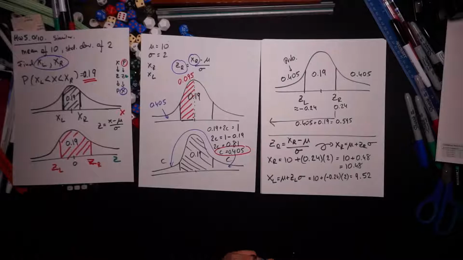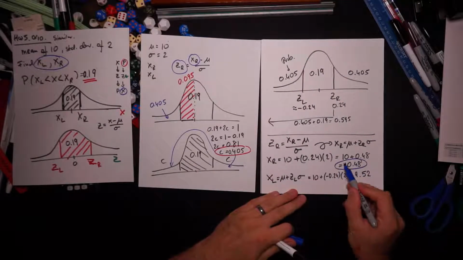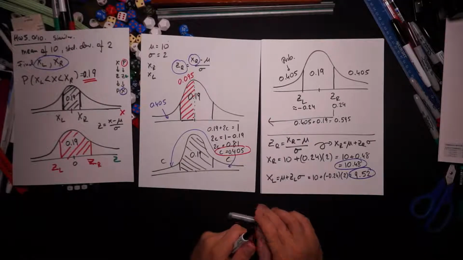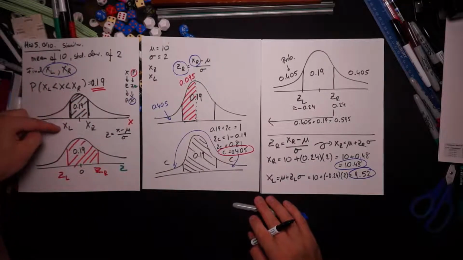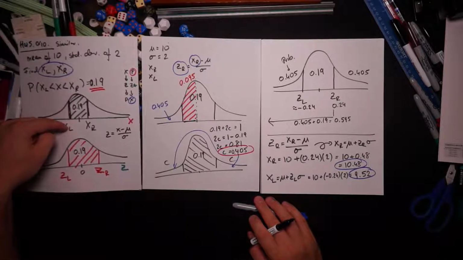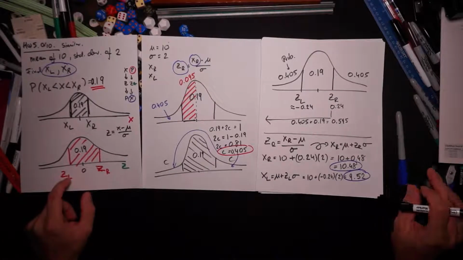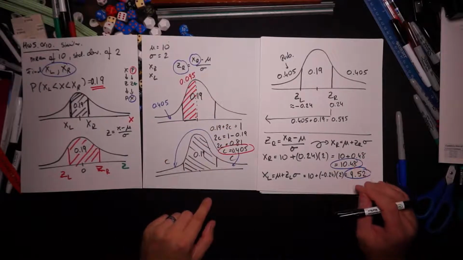All right, so we have our two numbers. Again, the progression is, once you visualize it, realize that you cannot get x directly, so you have to find the z-score. How? Well, by using the probability. There's a couple ways to approach it.